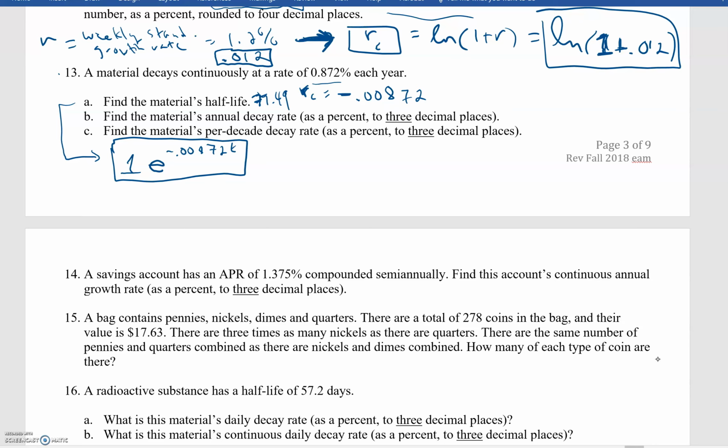So the annual decay rate, this is the standard yearly decay rate, right? So what we're going to start with is the factor, which is e to the negative 0.00872. This is the yearly factor.